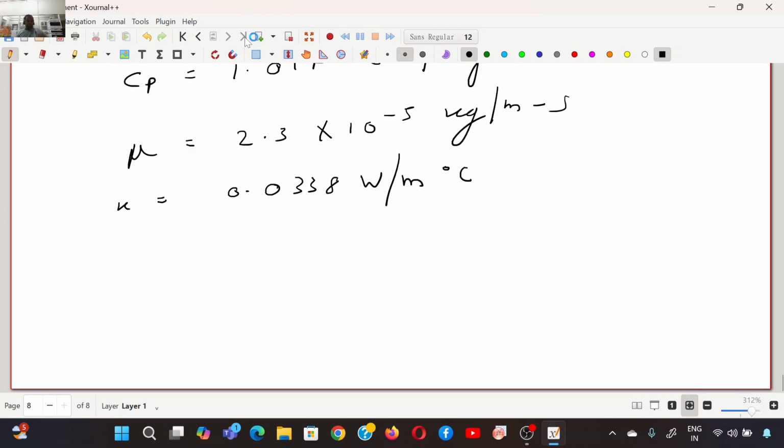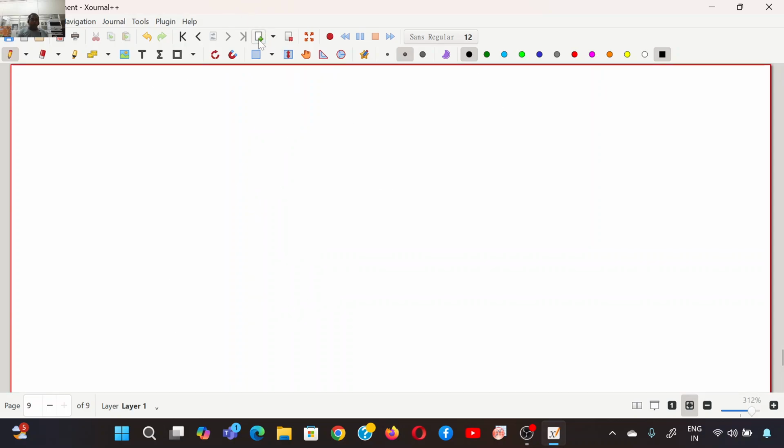So using these properties, you get Reynolds number is equal to 276, Prandtl number 0.714. Again, apply the correlation, that Churchill-Bernstein correlation, and you will get the Nusselt number as 8.47.